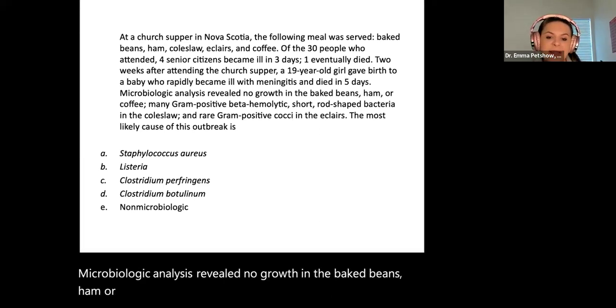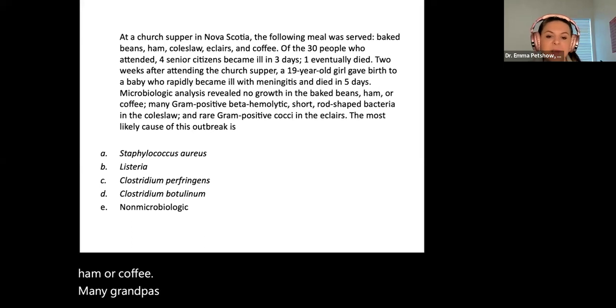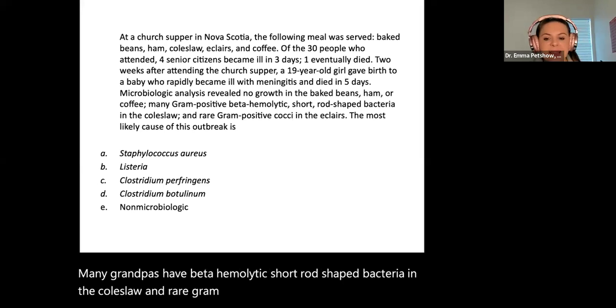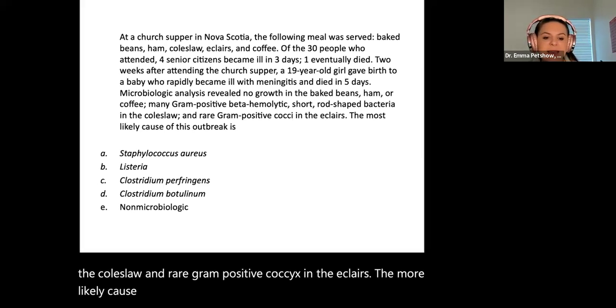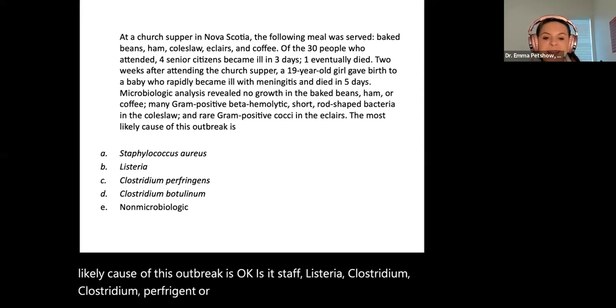Many gram-positive beta-hemolytic short rod-shaped bacteria in the coleslaw, and rare gram-positive cocci in the eclairs. The more likely cause of this outbreak is staph, listeria, clostridium perfringens or botulinum, or non-microbiologic?